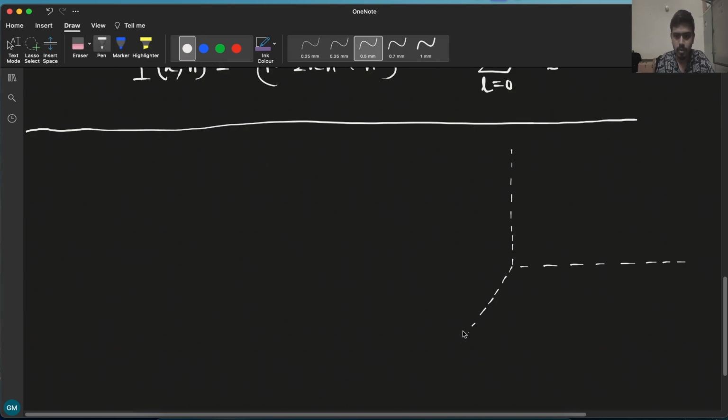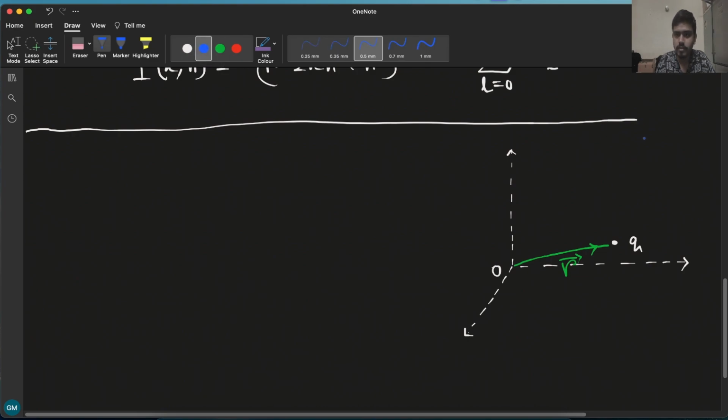This is our origin O, and let's say here there is a charge q, at a distance from the origin, let's say small r.